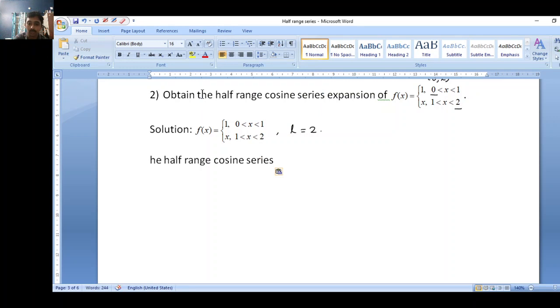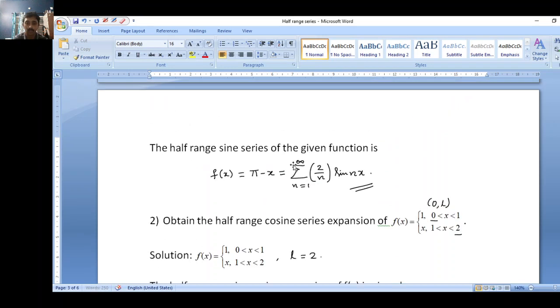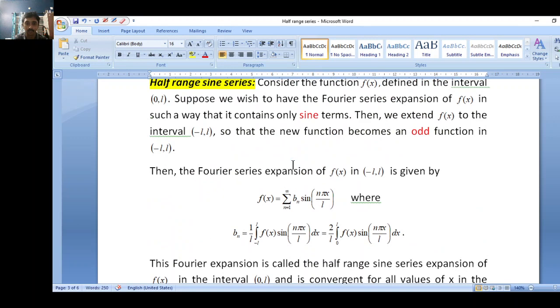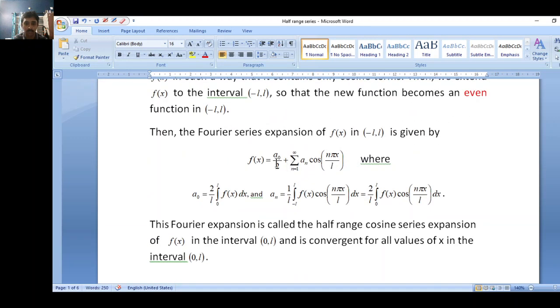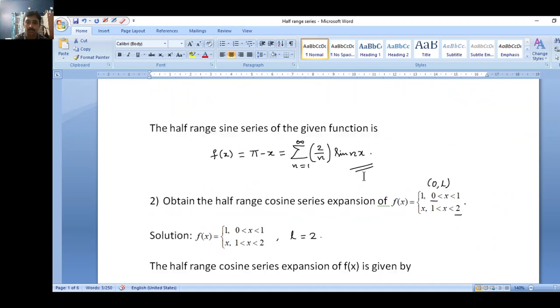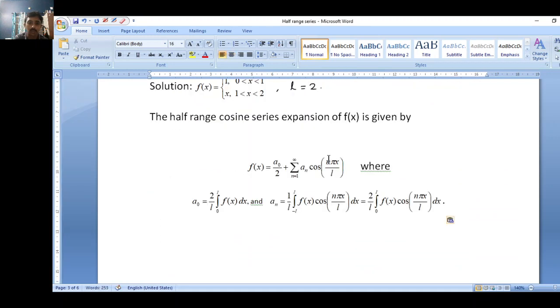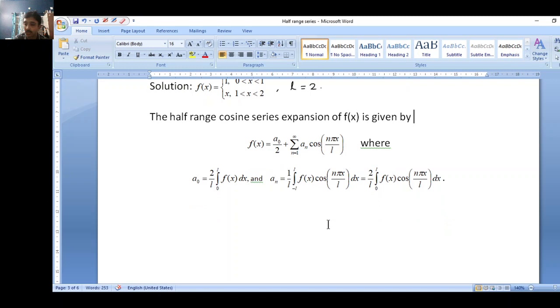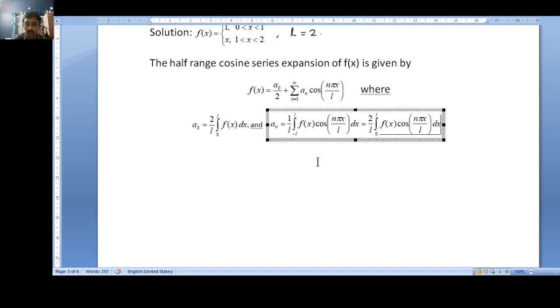So the half range cosine series expansion of f of x is given by, I'll just borrow this expression straight away because I do not want to spend too much time typing this. So this is going to be the half range cosine series expansion.